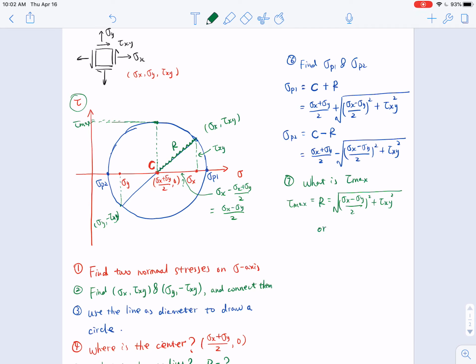Or it equals sigma p1 minus sigma p2 over 2, since sigma p1 minus sigma p2 is just a diameter, and half of it is the radius.